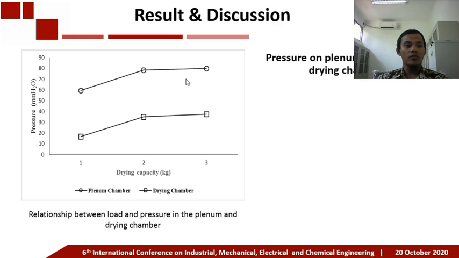This graph shows the pressure in the drying chamber for each capacity 1, 2, and 3 kilograms, and the experimental results show that increasing the mass of the unhulled rice causes increased pressure. We can see the pressure for 1 kilogram here, and 2 kilograms is larger than 1 kilogram, and 3 kilograms of unhulled rice is larger than 2 and 1 kilogram.